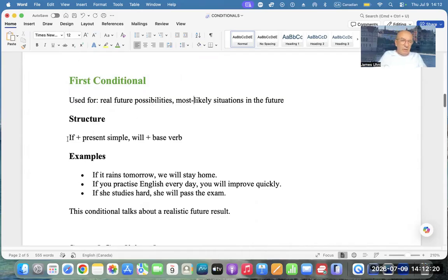Structure is, and now, if plus present simple, will plus base verb. Whoa, that is becoming more difficult now.